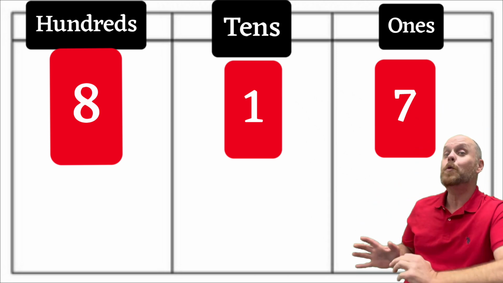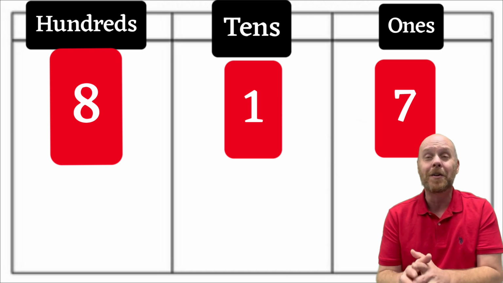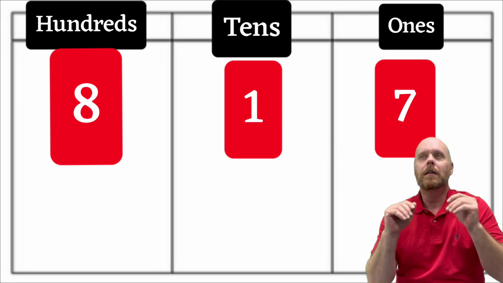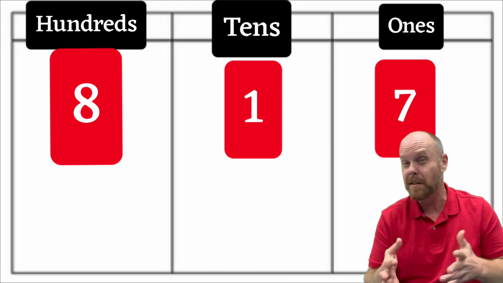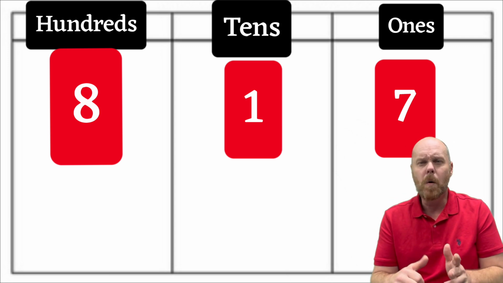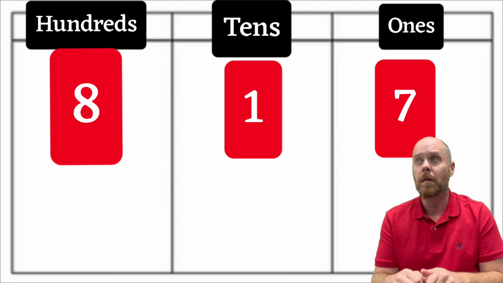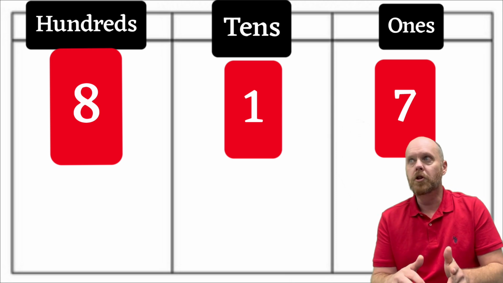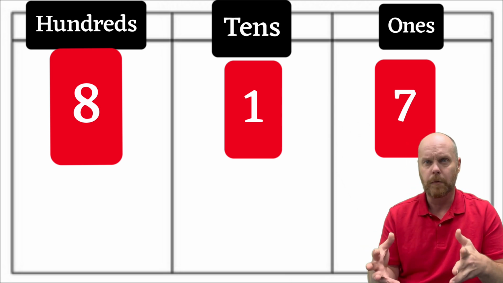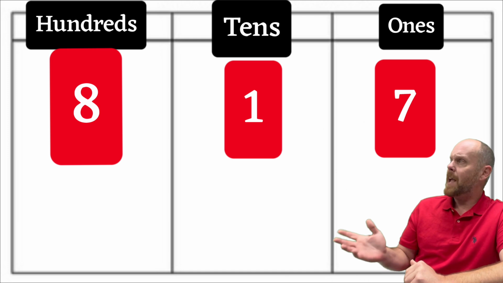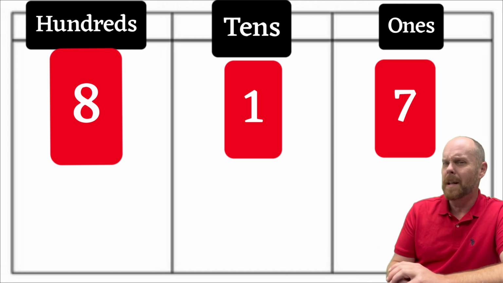We can now use this chart right here to help us find the other forms that our math teachers are looking for. So let's go ahead and start with, I don't know, just regular old place values. Now, if you look here, we have 8. That doesn't equal 8, does it?